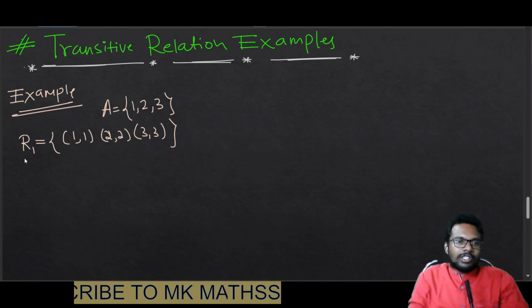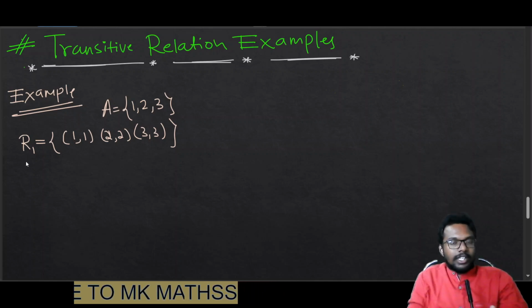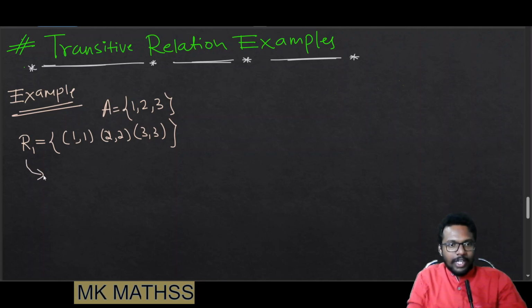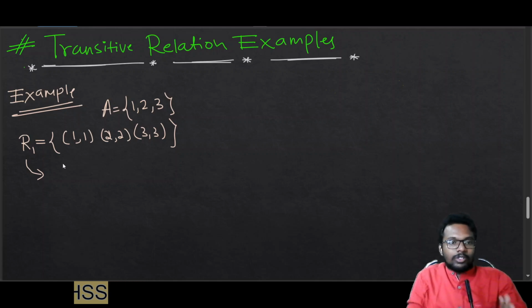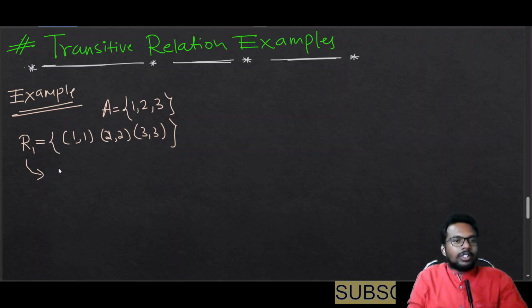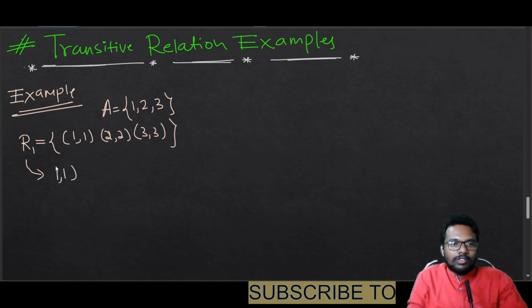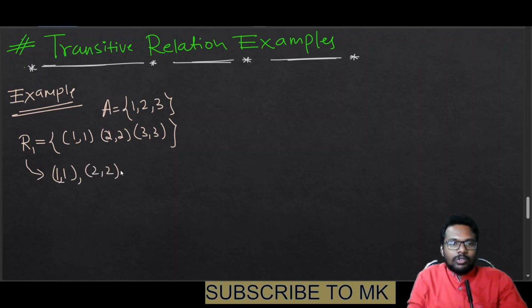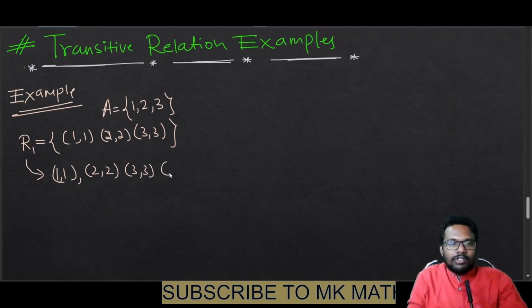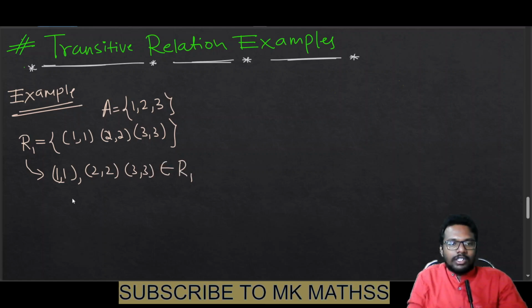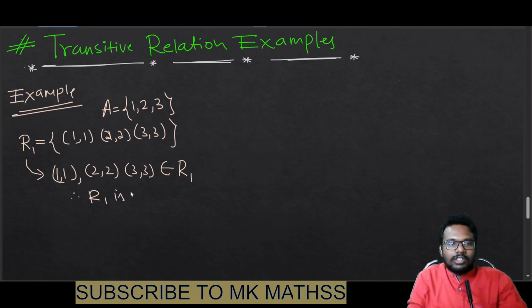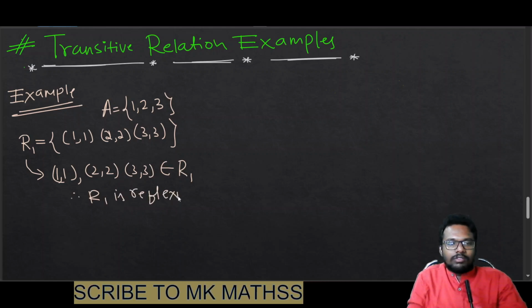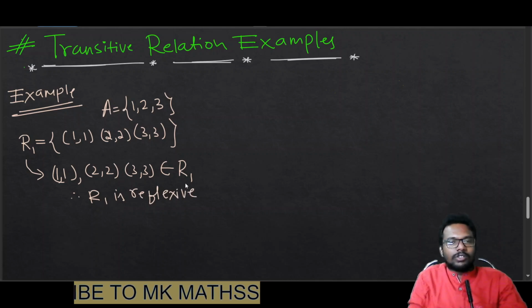First let us understand every type of relation. In previous videos we discussed reflexive relation. Let us check whether R1 is a reflexive relation or not. Since (1,1), (2,2) and (3,3) all belong to R1, R1 is reflexive, so there is no problem.